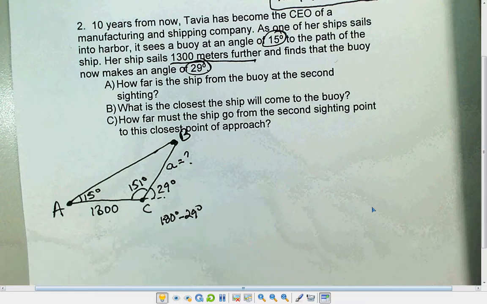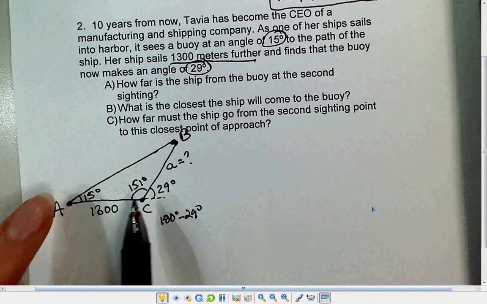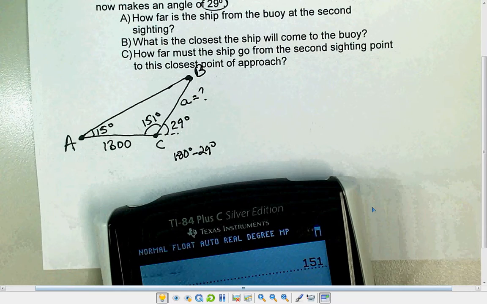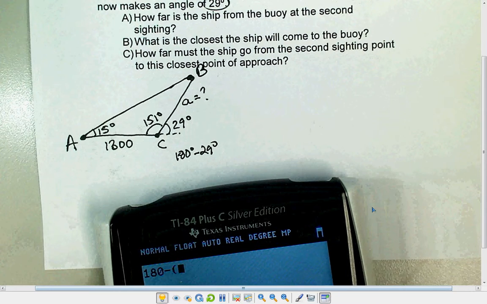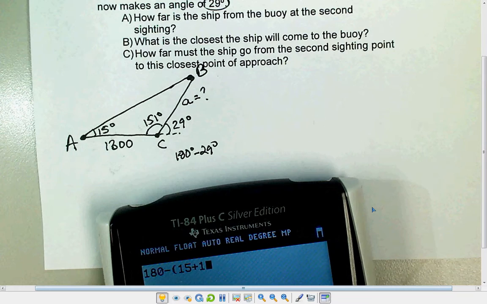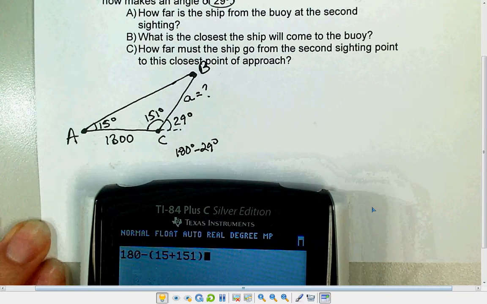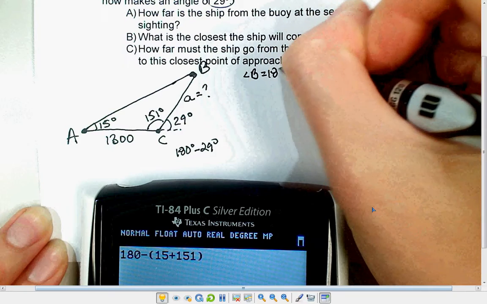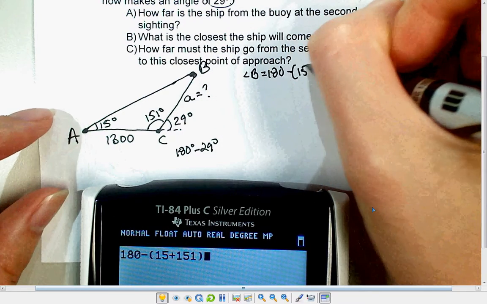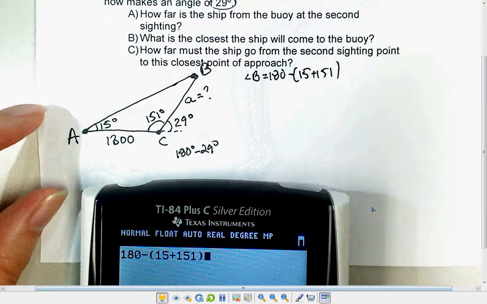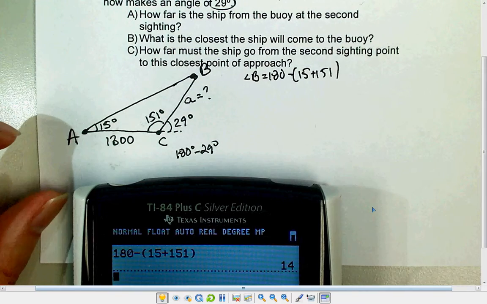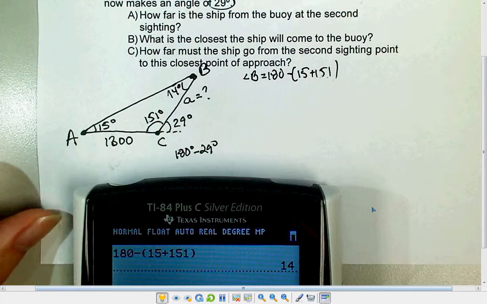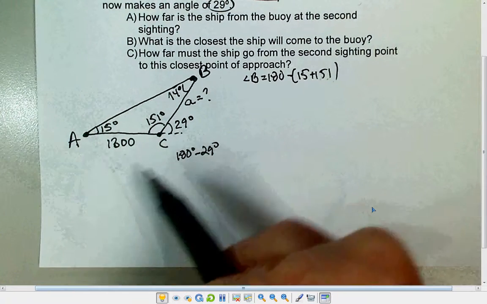That gives me this angle right here. Now I have two angles, so how am I going to find my third angle? Add them up, subtract by 180. So this is to find angle B right now. We can do 180 minus our other two angles. And that gives us an angle of 14. So now we know all three angles inside of this.